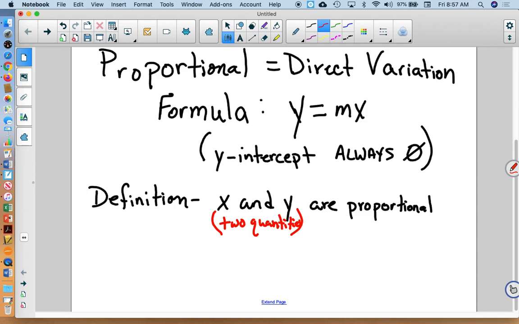Renting a tuxedo and its cost is not directly proportional, because you might rent a tuxedo and keep it for 3 days. The cost of the tuxedo is the same whether you rent it for 1 hour or for 24 hours. It doesn't matter. So they're not proportional. You see the difference?